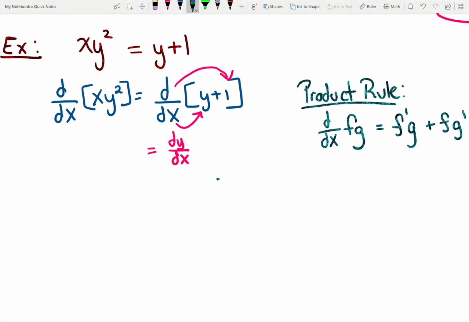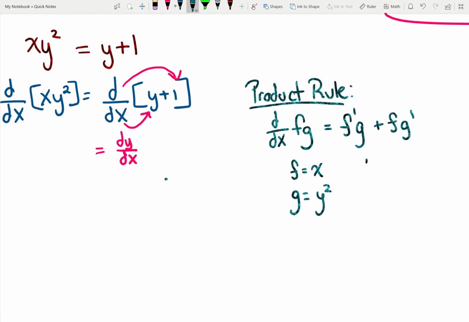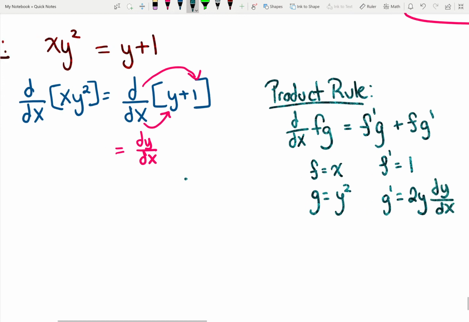Okay, we're going to let f equal x and g equal y squared. So then f prime equals 1 and g prime equals 2y if we pretend it's x, and then attach a dy dx to it using the chain rule. So let's put this together.